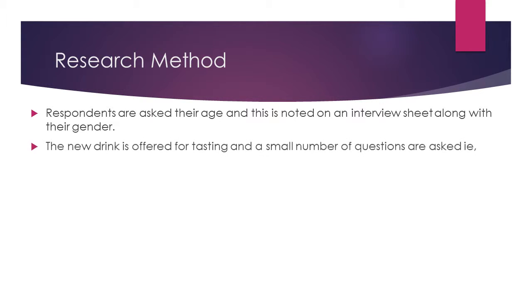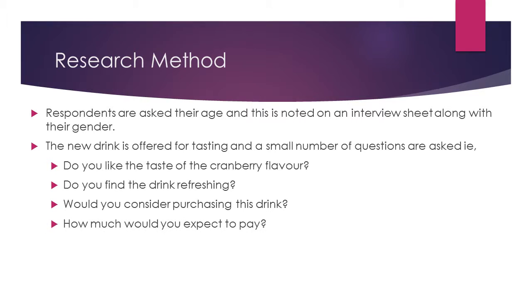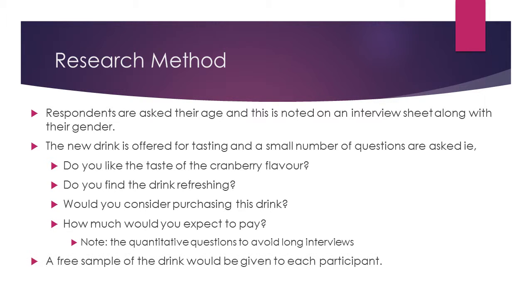The new drink is offered for tasting, and a small number of questions are asked. For example, do you like the taste of the cranberry flavour? Do you find the drink refreshing? Would you consider purchasing this drink? How much would you expect to pay? Note the quantitative questions to avoid long, drawn-out interviews. And then a free sample of the drink will be given to each participant.